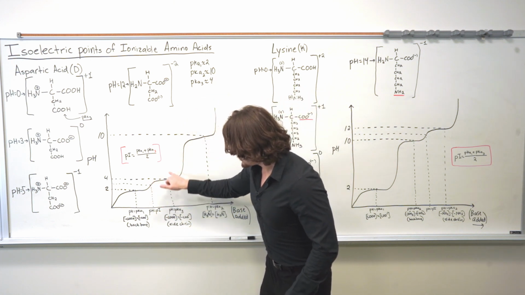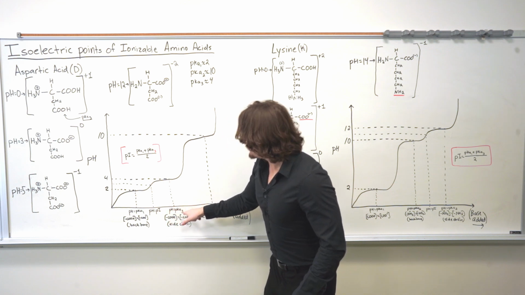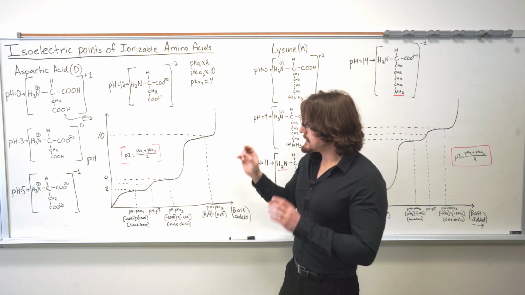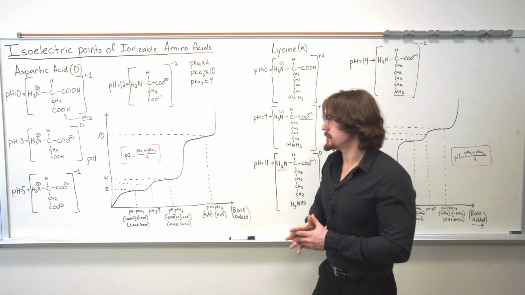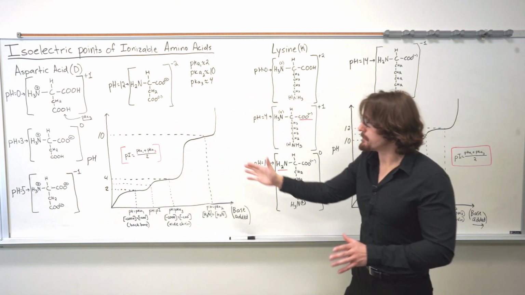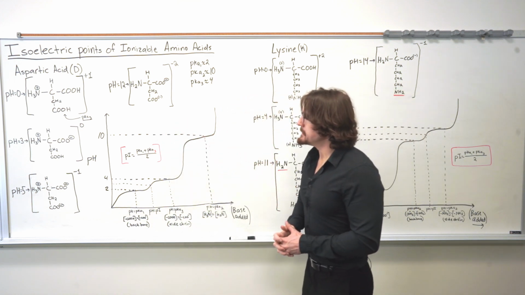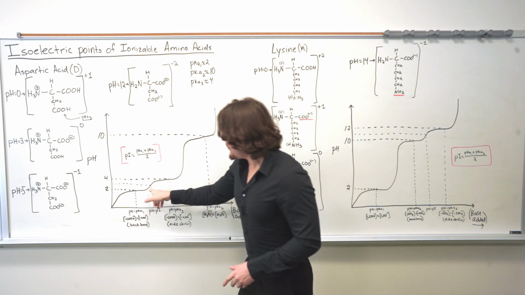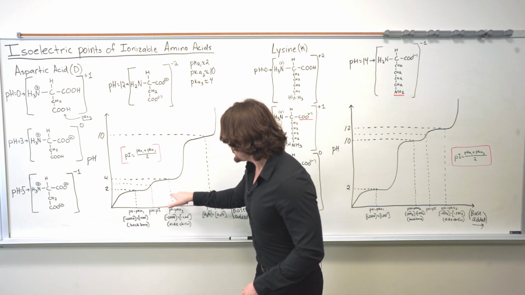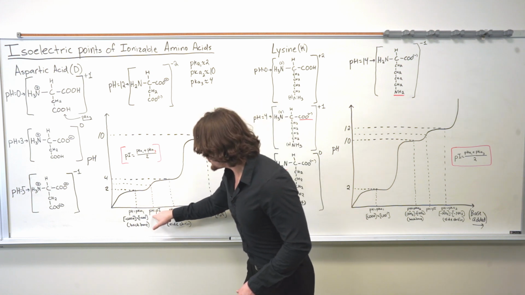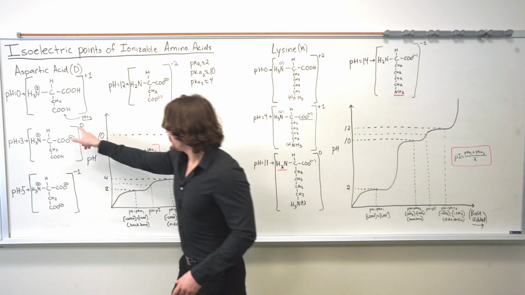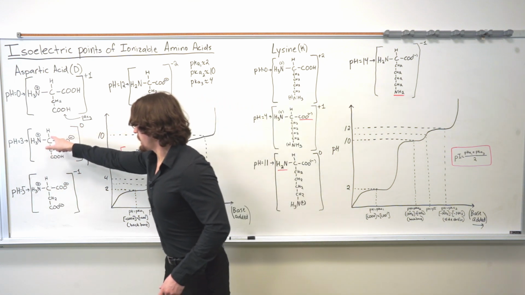And here, notice that when the pH is equal to pKa3, the side chain pKa, again, that means that exactly half of the amino acid in the solution has a protonated side chain and exactly half of it has a deprotonated side chain, all right? And then notice this, that between these two is actually where the pH is equal to the PI, okay? That's where you're going to have this species predominating, okay?